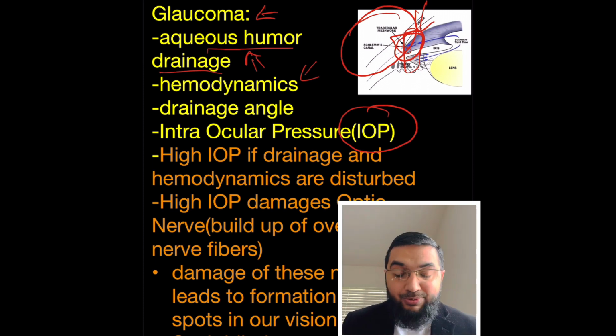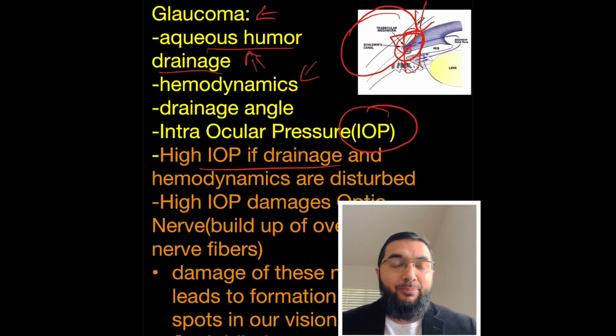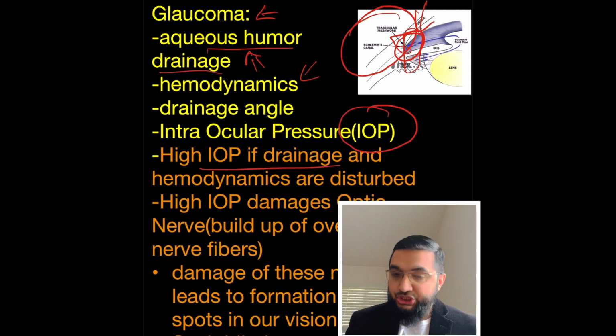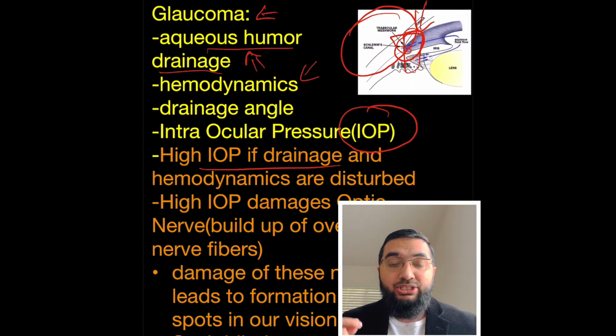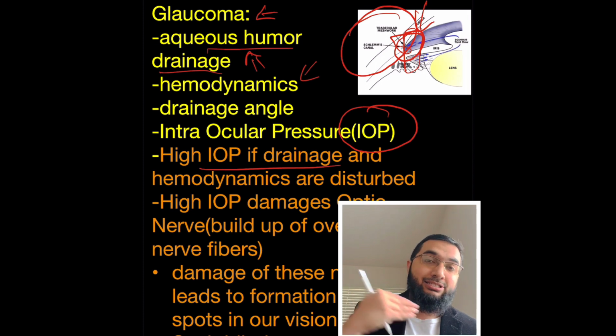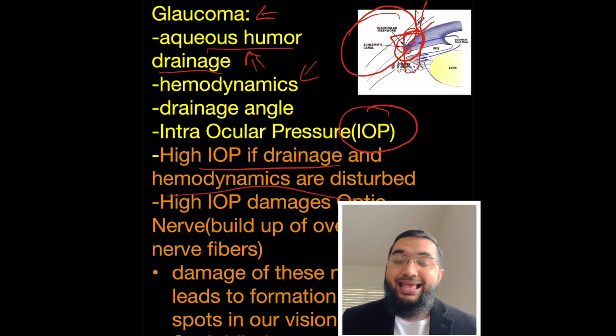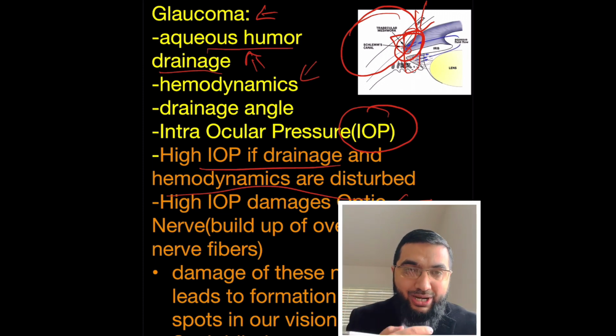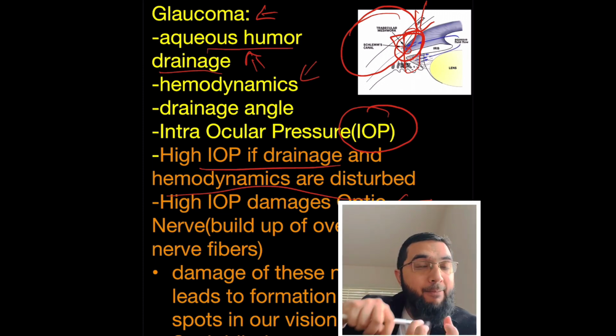And the problem comes when the pressure goes high. Just like high blood pressure is extremely dangerous to your heart, high pressure in the eye is disturbed hemodynamics, and that determines how much damage that pressure is going to put on your optic nerve.